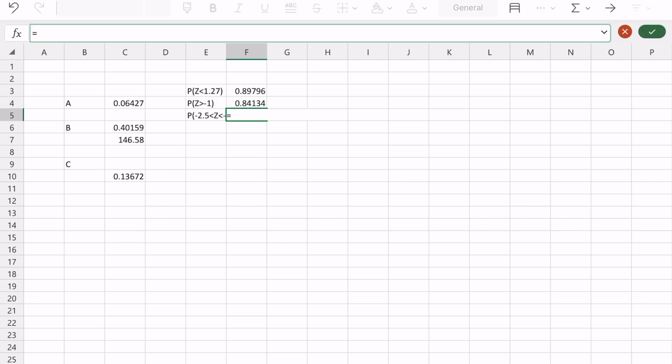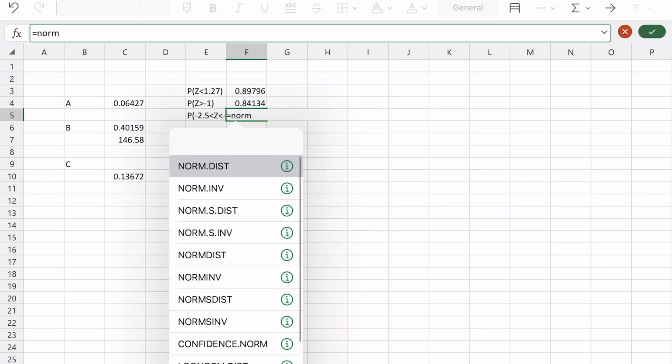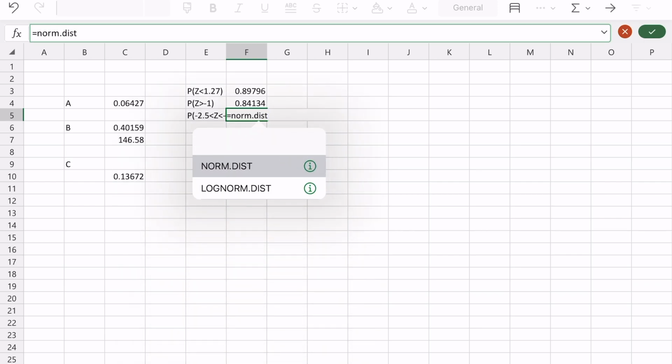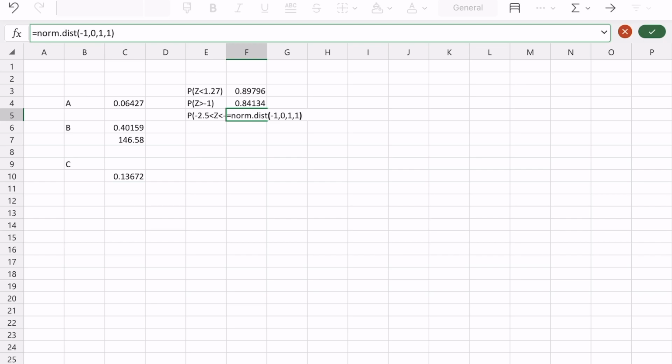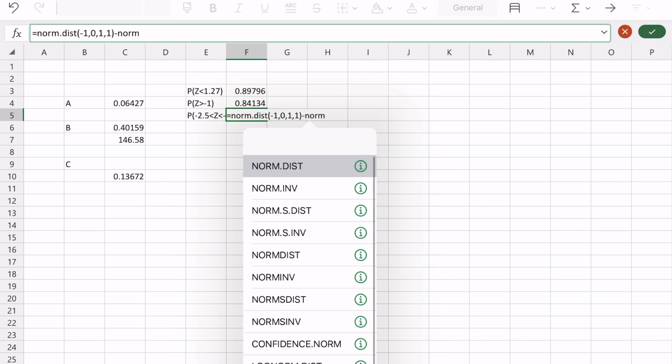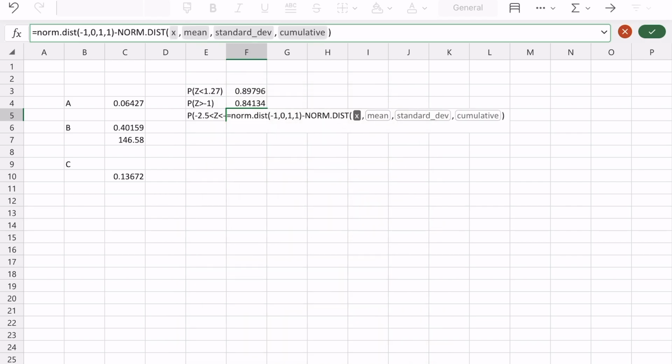Equals then, fine. Type it in again, norm.dist, negative 1, comma, 0, 1, 1, parenthesis, minus norm.dist, negative 2.501, 1.